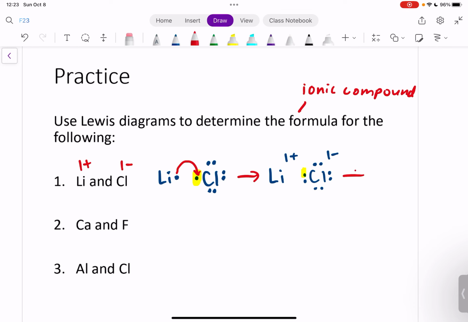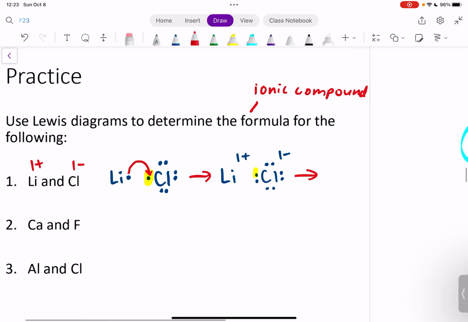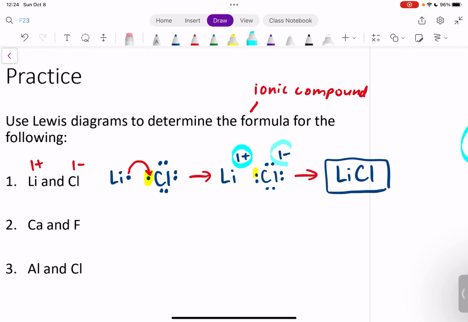And now, in our next step, it's our job to write the formula. So this is going to be LiCl, just like that. That's our final answer, LiCl. Looking at these charges, a 1 plus and a 1 minus cancel each other out, so we just need 1 lithium and 1 chloride ion.